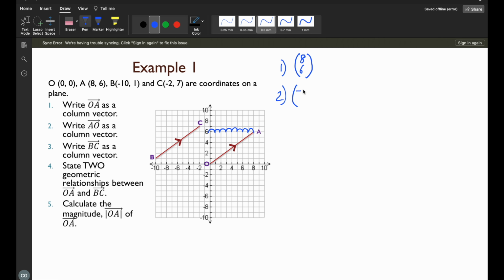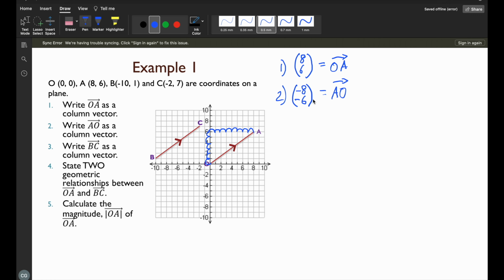Negative 8. Lovely. And then if I go from here down to the O, I go 1, 2, 3, 4, 5, 6. Down 6 means we are negative or positive 6? Negative 6. So this represents O to A, and notice what A to O represents. You see what A to O represents? The same thing but different signs.